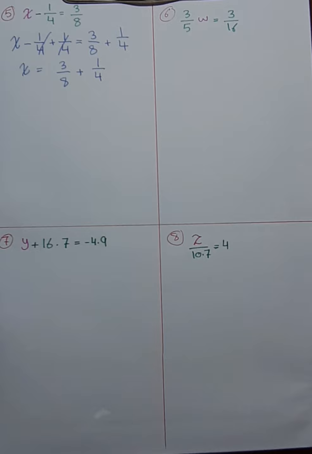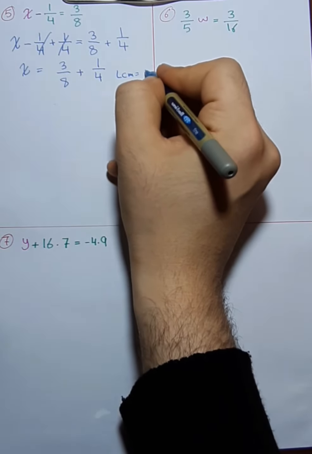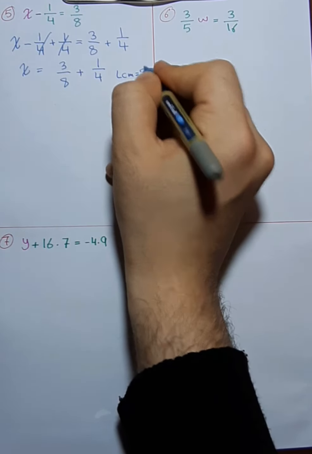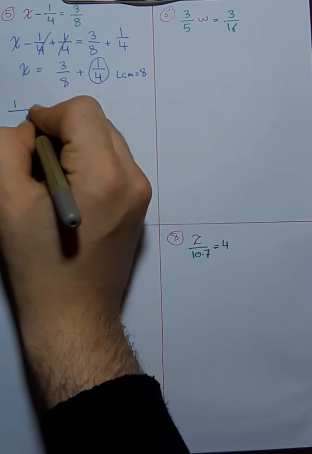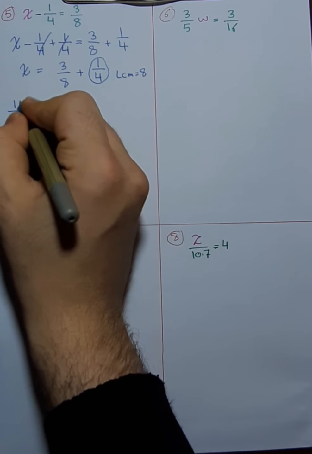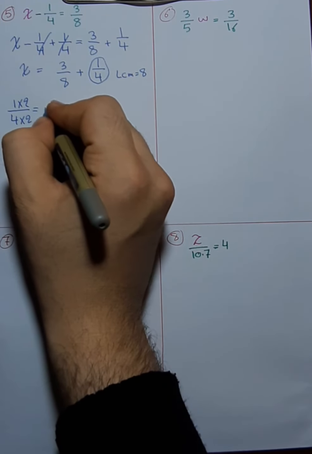We have different denominators. We have to find the least common multiple for 8 and 4, which equals 8. So we have to change this fraction, 1 out of 4, by multiplying by 2, because 4 times 2 equals 8.